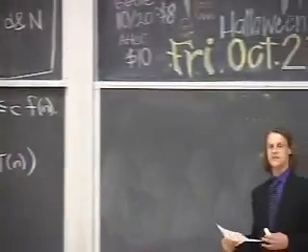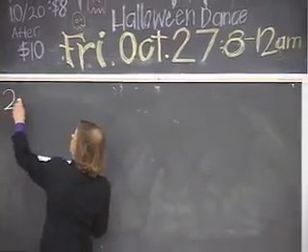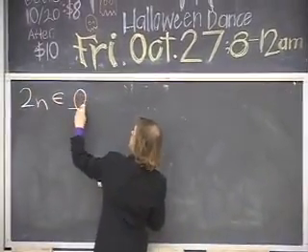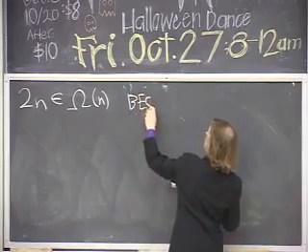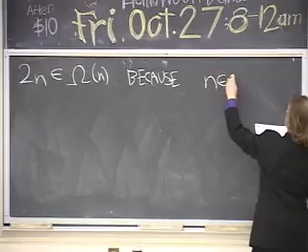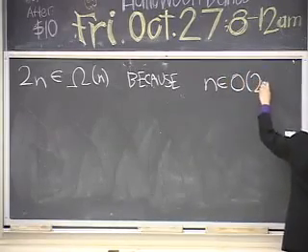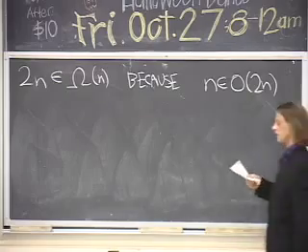So let me give you some specific examples of things that are in big omega of something else. 2n is in big omega of n, and it's in that class precisely because n is in big O of 2n, and vice versa.